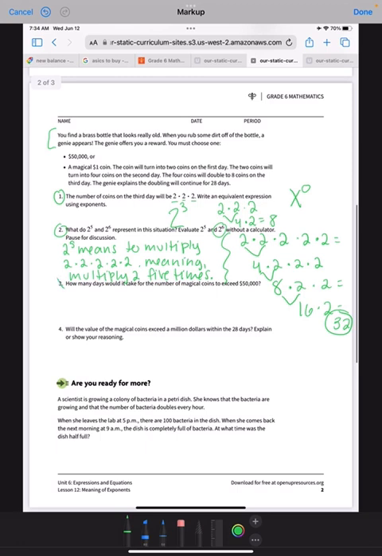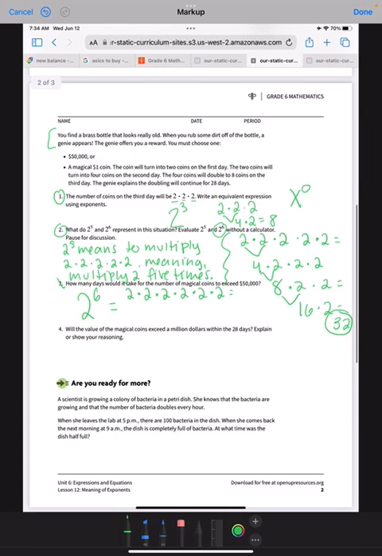Instead of doing number 3, I'd like you to evaluate what 2 to the 6th power would equal. Nice. Okay. You should have done 2 multiplied 6 times. That's 4, 5, 6.